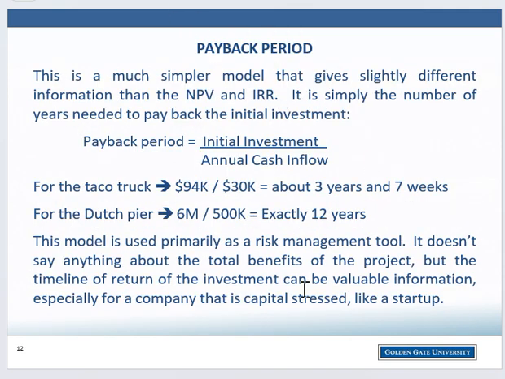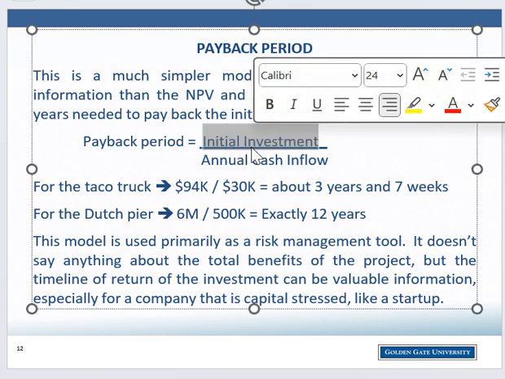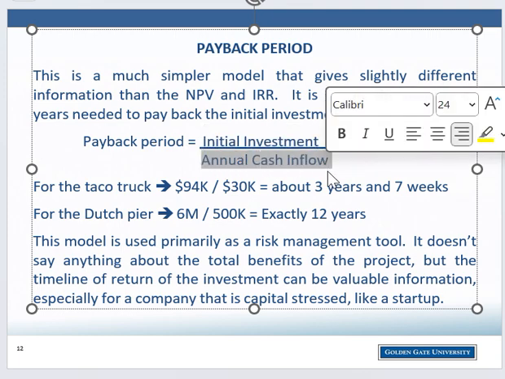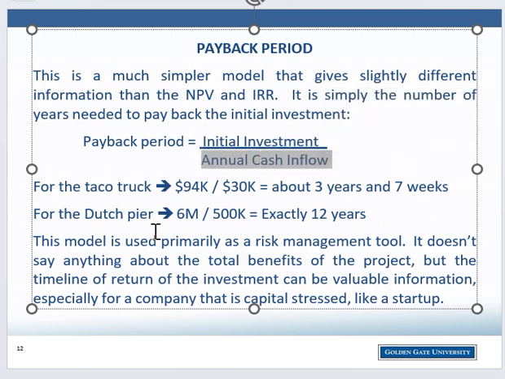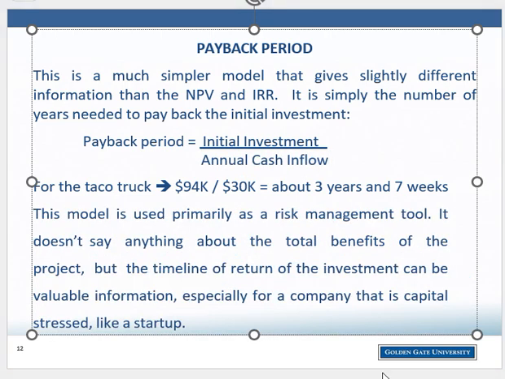Payback period is, as I mentioned, a quick and dirty analysis of: I'm going to make the initial investment and there's going to be an annual cash inflow. How much time will it take for the investment to pay it back? In the taco truck example, I was getting $30,000 per year, $94,000 initial cash flow.